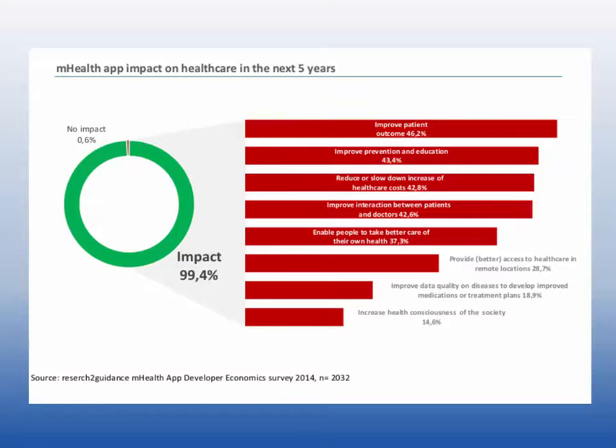Besides, mobile healthcare is believed to slow down the increase in healthcare costs, improve interaction between patients and doctors, and last but not least, enable patients to better take care of their own health.